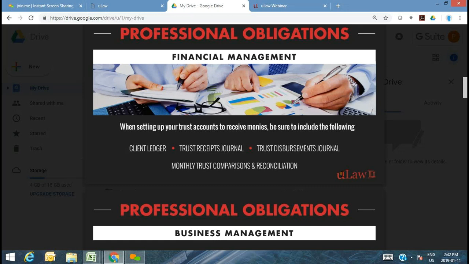And the same thing applies to your general account. Having a general ledger or a client ledger for a general account, having a general receipts journal, so really a journal of how you received payments, with methods as well.